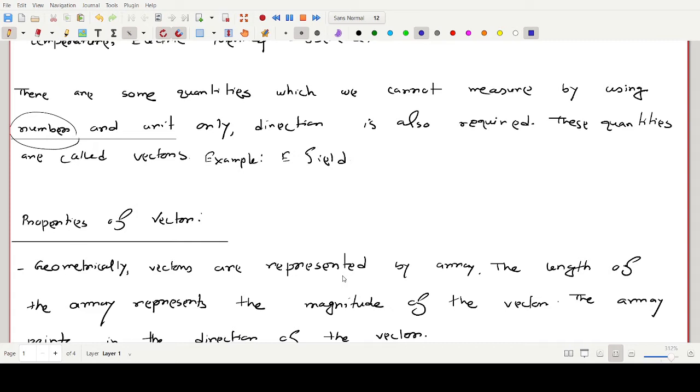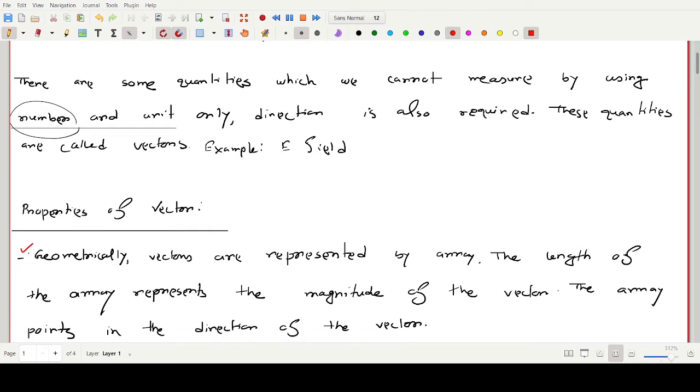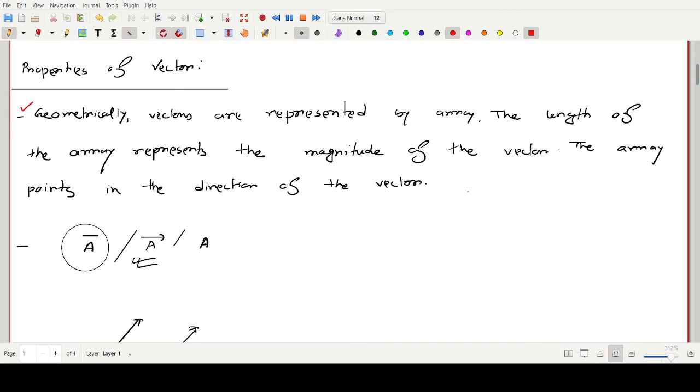Now we will talk about properties of vectors. Geometrically, vectors are represented by an arrow. This is the geometric representation of a vector, say a.